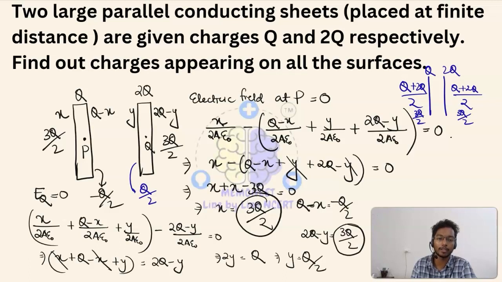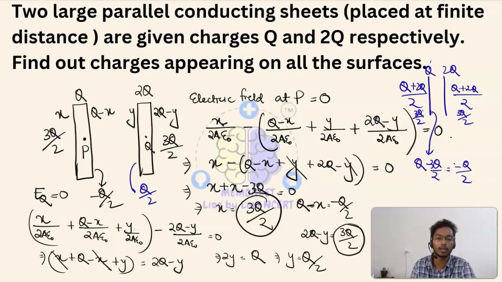So how will we find the charges on the inner side? Just subtract from one of the charges, that is q minus 3q upon 2, which will be equal to minus of q by 2. Why are we subtracting? Because one of the conductors, this sheet, has the total charge q.